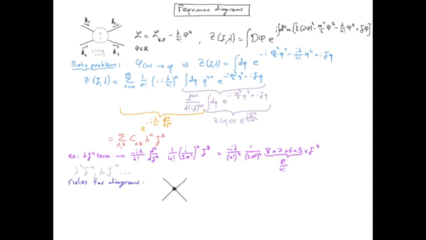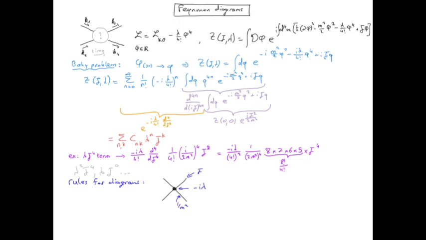So the diagrams are made of vertices, that's a dot here, connecting lines. In this case we have 4 lines because we have q^4 in our integral, and the value of the vertex itself is proportional to lambda. In fact it is minus i lambda. We also associate a 1 over m squared to each of the lines, and we associate a j to each of the endpoints.